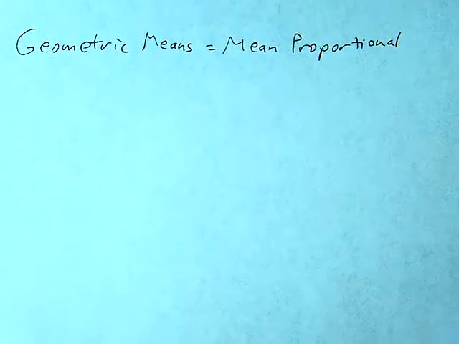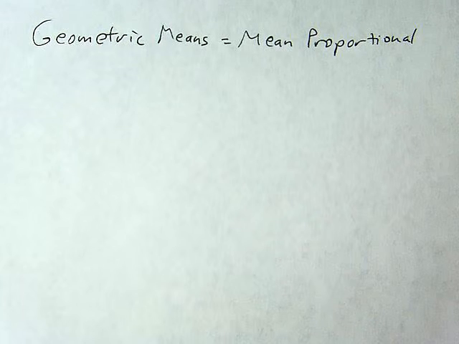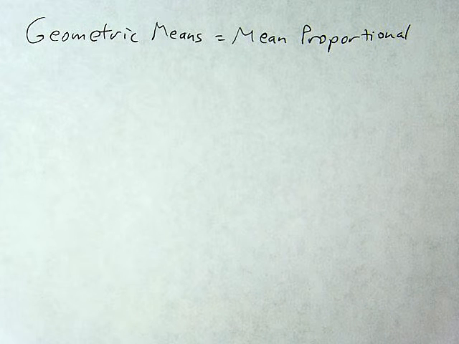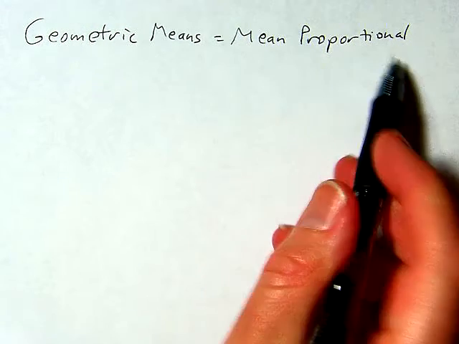Okay, and the way we define a geometric mean is in terms of a proportion, which you could probably get from this word here.